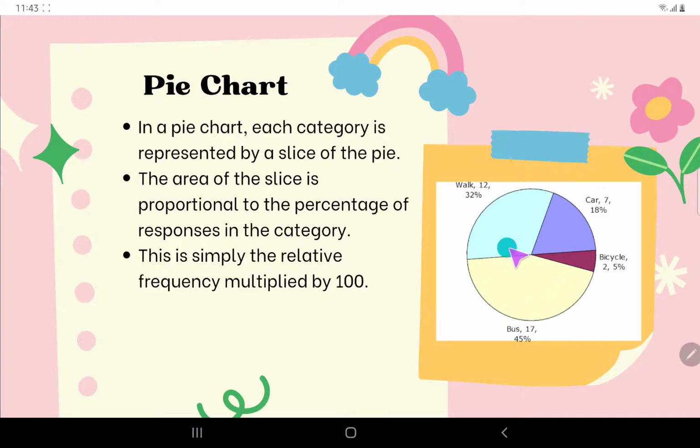Each of the sectors has an angle, and the angle of the sector is proportional to the percentage of the elements in that category. So when you are constructing a pie chart, you have to calculate the angle of each sector first.